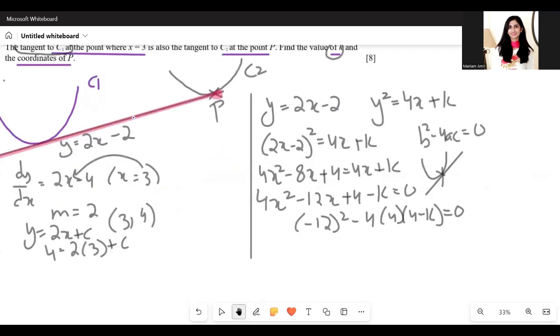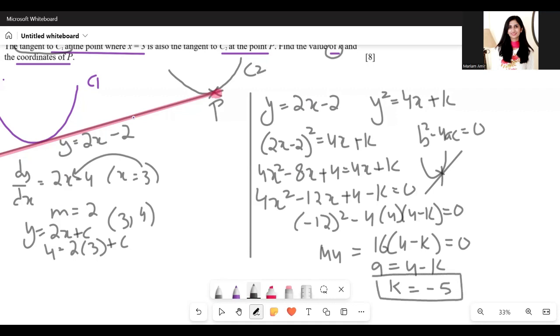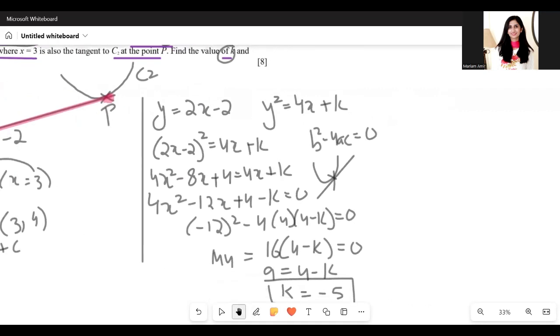Solve this: 144 equals, sending the rest to the other side, 16 times (4 minus k). Dividing 144 by 16, we get 9 equals 4 minus k, which gives us k equals minus 5. So k is coming out to be minus 5.